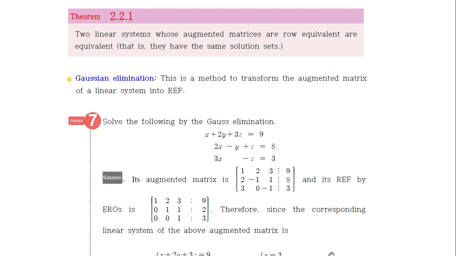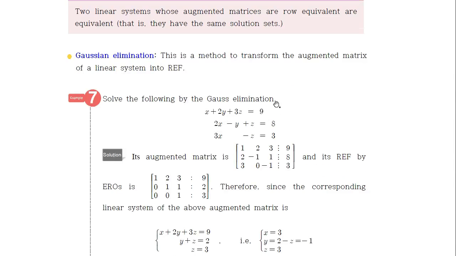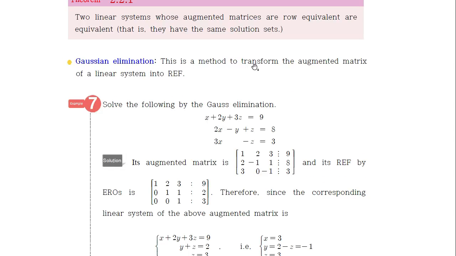So solving one problem is exactly the same as solving the simpler form that you can find by using elementary row operations on the augmented matrix of the given linear system of equations. Gaussian elimination is a method to transform the augmented matrix of a linear system of equations to REF.